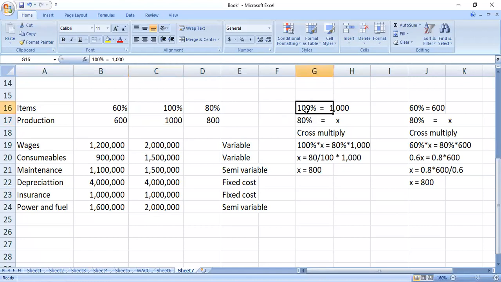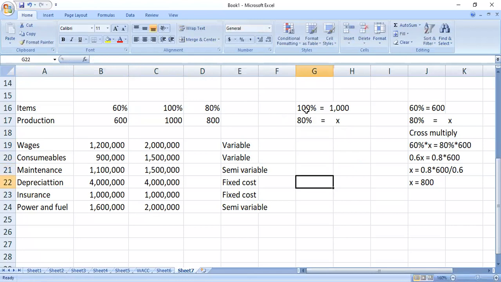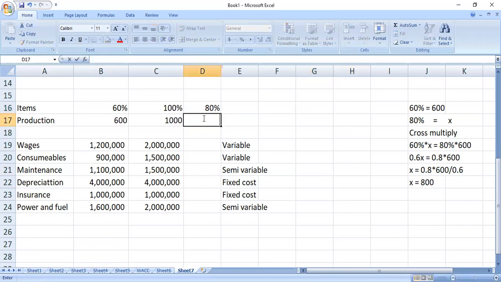Okay, let me repeat this one. We're saying that at 100%, our production is 1000. At 80%, what we want, our production, we don't know. So X. So you cross multiply.